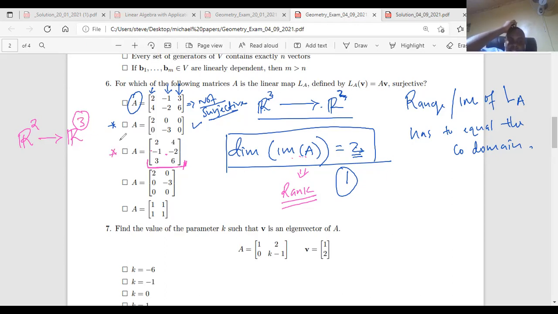The next one, the rank is 2, which is not 3, so it fails. And for this one, it's taking us from R2 to R2. So is its rank 2? No, its rank is 1, so it fails. And so we go with the first answer. No, the second. Oh, the second.